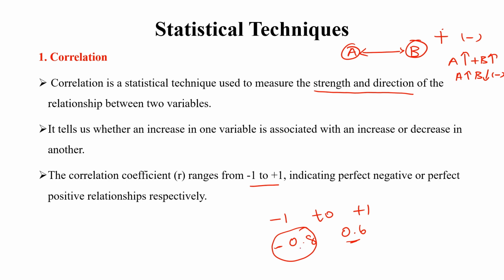So this has higher strength than 0.6. That is the range from -1 to +1.